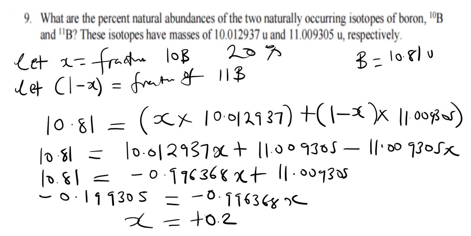It is 100%, which can be equivalent to 1, the highest you can have. So it is 100% minus x, which is 20: 100 minus 20 is 80. So for 11B, it's 80%. Basically, that is how you solve this one.